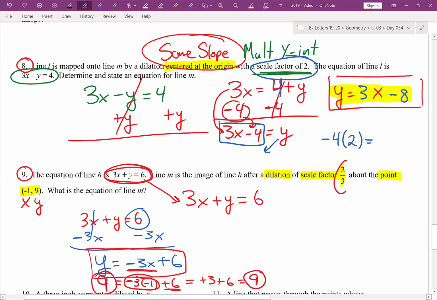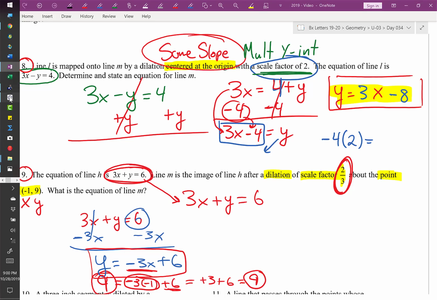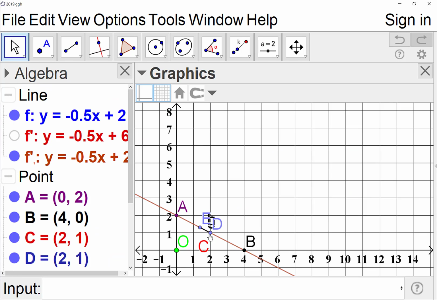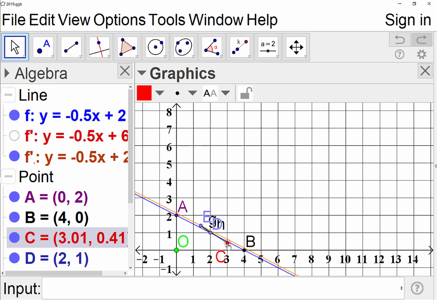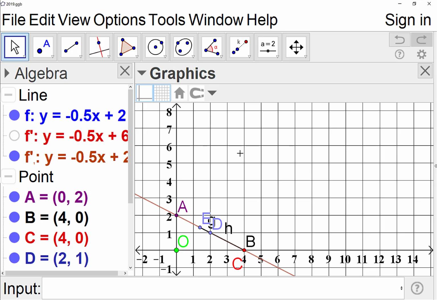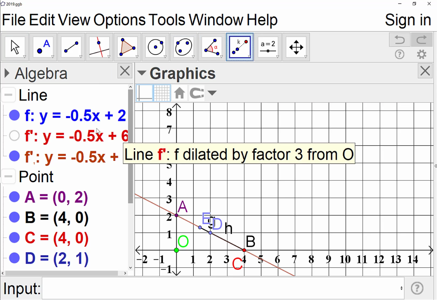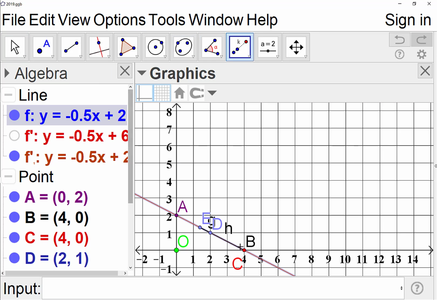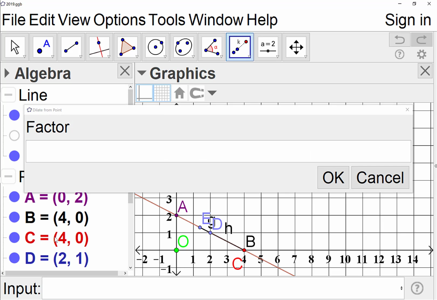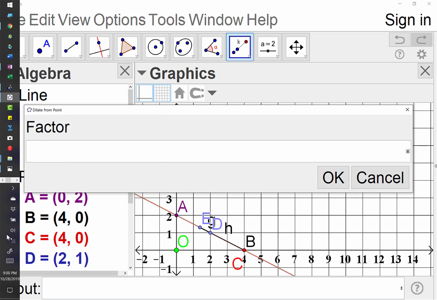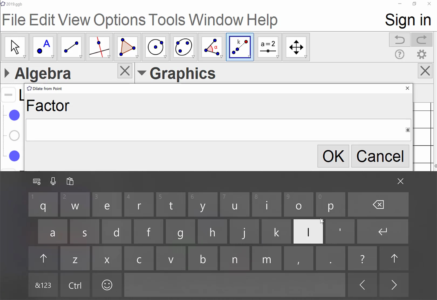And you might be saying, doesn't that scale factor matter? No. Not when the center of dilation is on the line. It just won't matter. And I'll give you another example. I will dilate my original blue line about point C, and I'll make the scale factor something ridiculous.